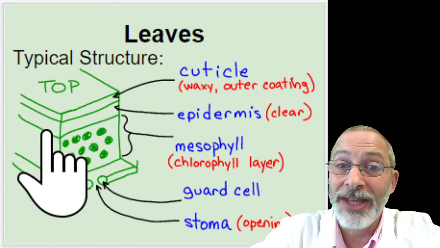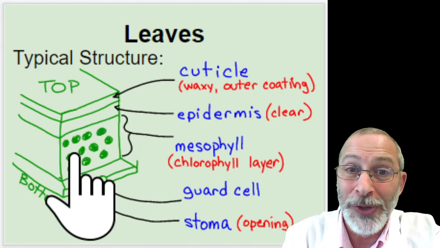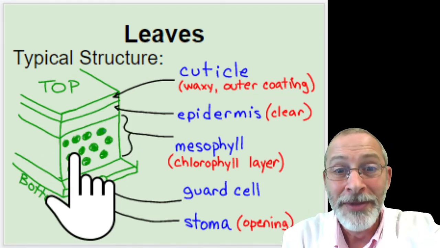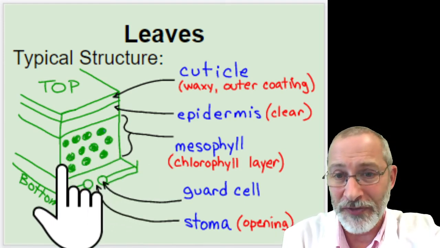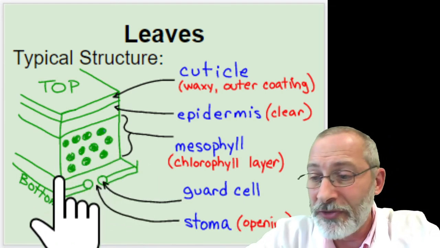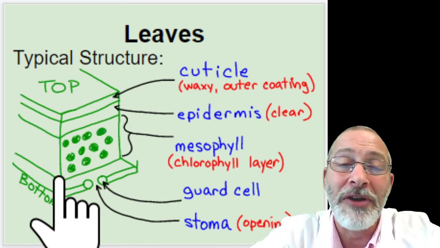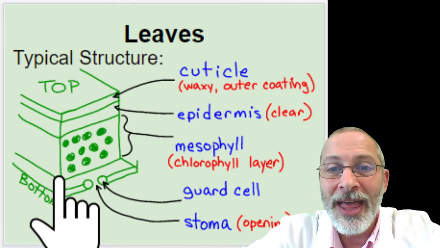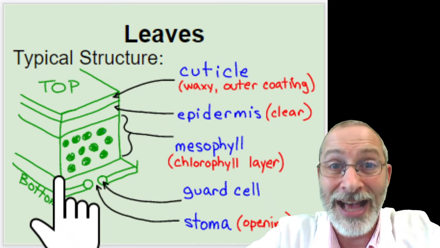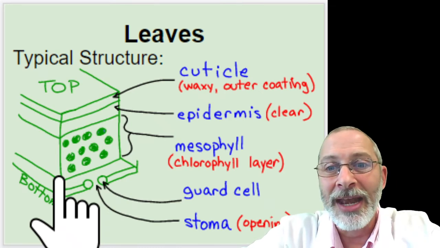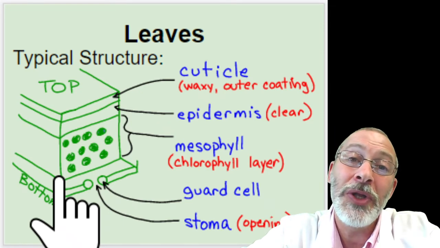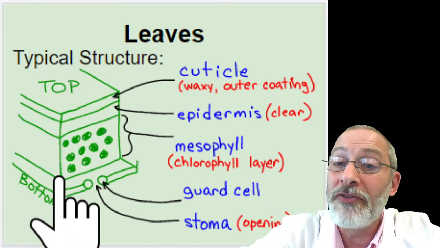Well, if you said so sunlight can get through, you're absolutely right. Because underneath the epidermis, we've got the mesophyll. And in the mesophyll, which is also called the chlorophyll layer, that's where all of the chloroplasts are found, or a high abundance of them. And it's the chlorophyll within those chloroplasts in the mesophyll.